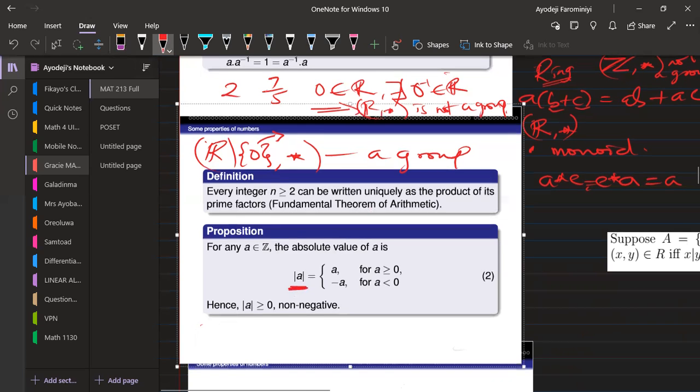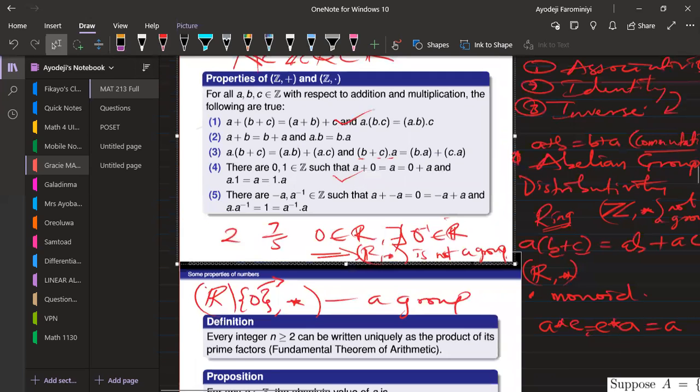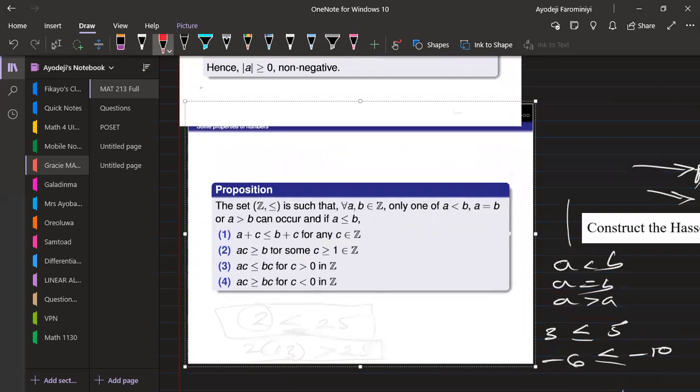It is important to know that a is always less than or equal to the absolute value of a. That's a very important characteristic. If a is positive, then a is equal to the absolute value of a. But if a is negative, a will be less than the absolute value of a.